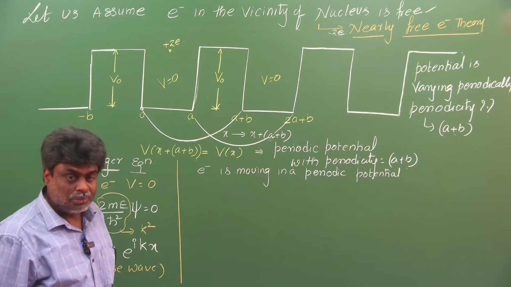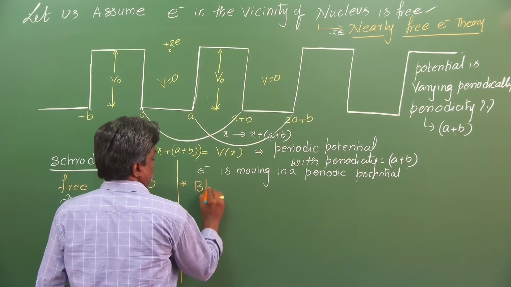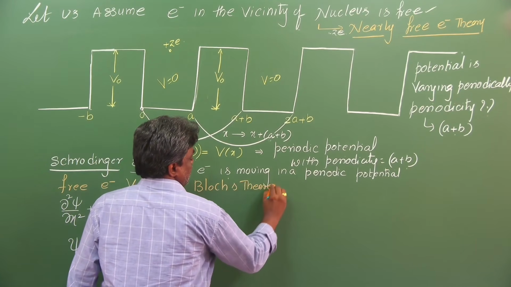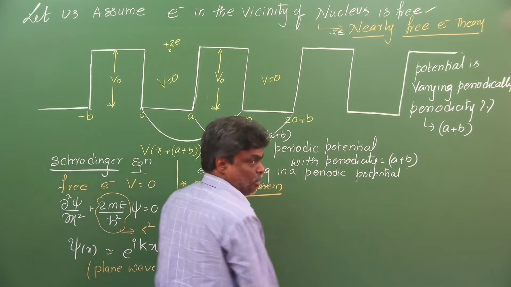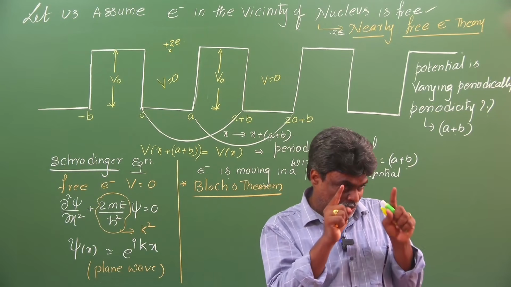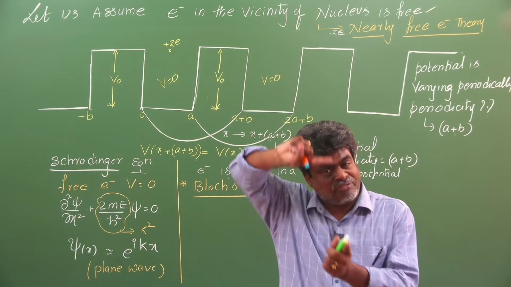Then what to do? Here we are going to introduce Bloch's theorem. What is that? Bloch's theorem. So what is the use of Bloch's theorem? If you know the solution in a particular region, you can get the solution after the periodicity.